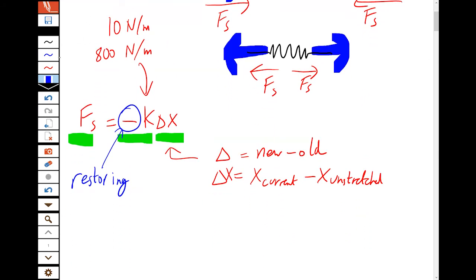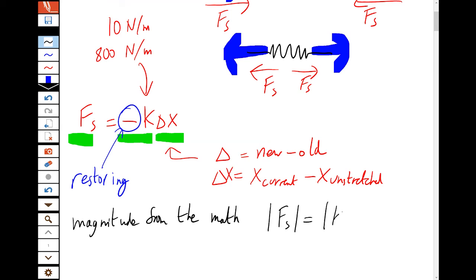So what effect does this have for me? Well, the two main effects are this minus direction. It can often be simpler to get this from the diagram. So one thing I often do is I get the magnitude from the math. So I just find the size of the spring force by the spring constant times the change in length, and I get the direction from the diagram.